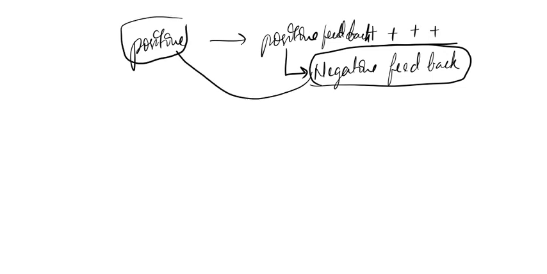You understand? Positive feedback alone will not occur in most scenarios. Obviously, it will be coupled with negative feedback in the background. So this can clearly give you a sense that negative feedback is the most common feedback regulation that happens in the body.